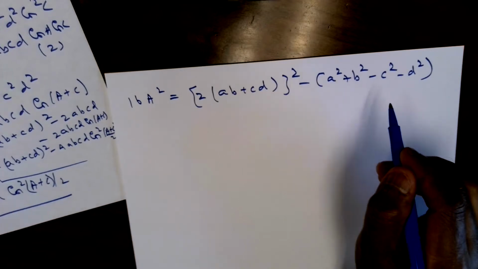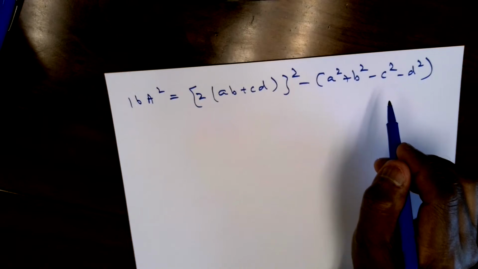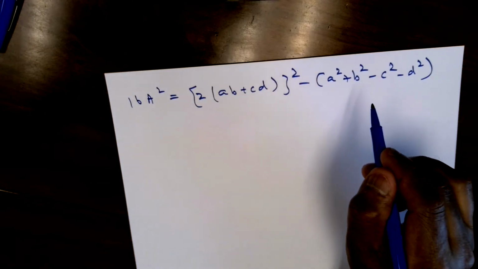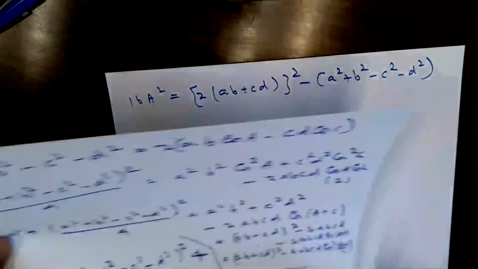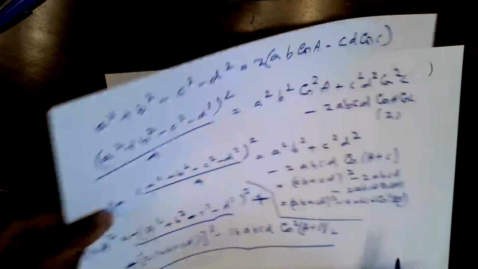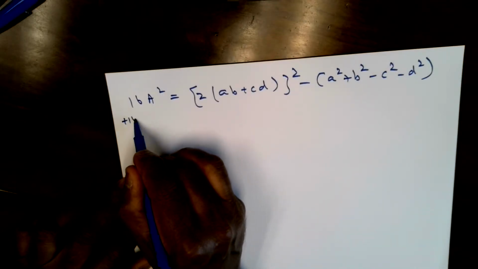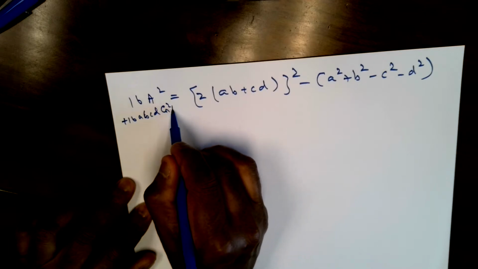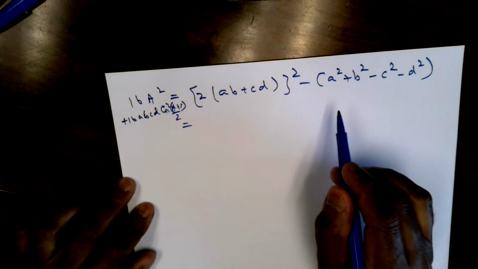And then the minus 16abcd, minus 16abcd this term. So I'm just going to leave it on this side. So that will be plus 16abcd, so that I can add it at the end, cos squared a plus c by 2.